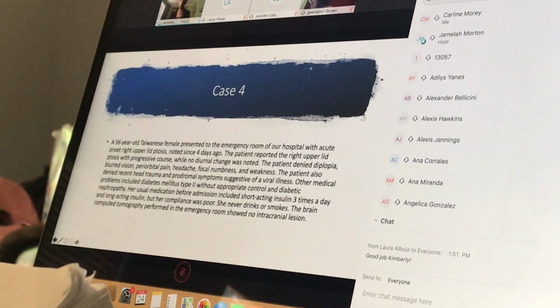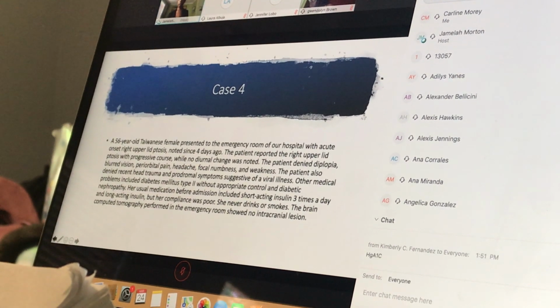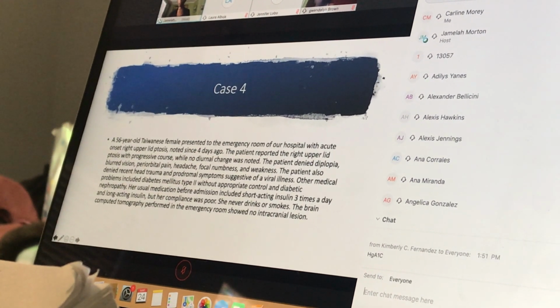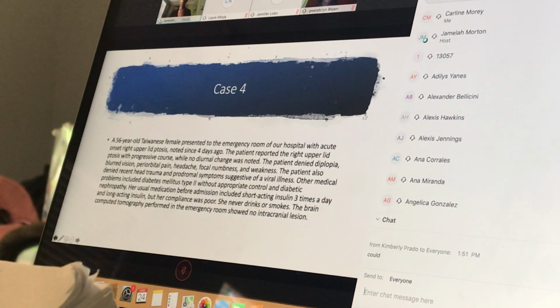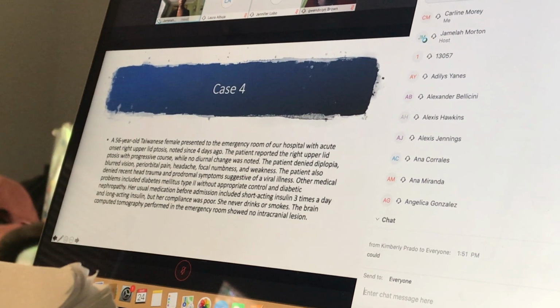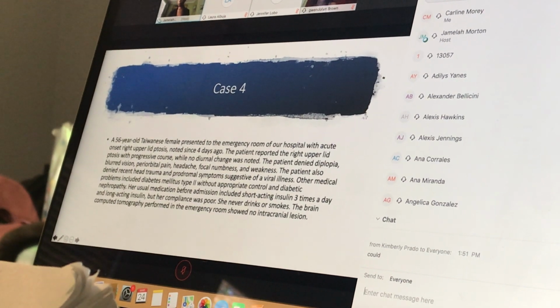She's diabetic with poor compliance. Okay? Diabetes mellitus is one of the most common things that give you a partial third nerve palsy, believe it or not. So for this lady, a hemoglobin A1C is paramount. And yes, this does resolve when she gets her diabetes under control.